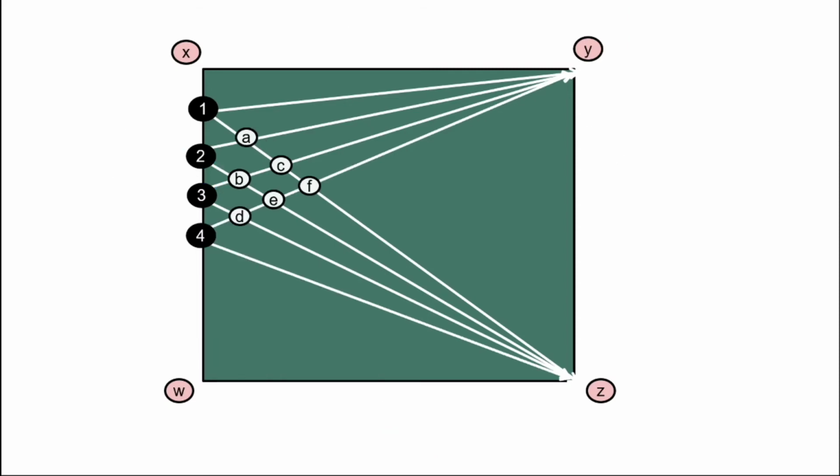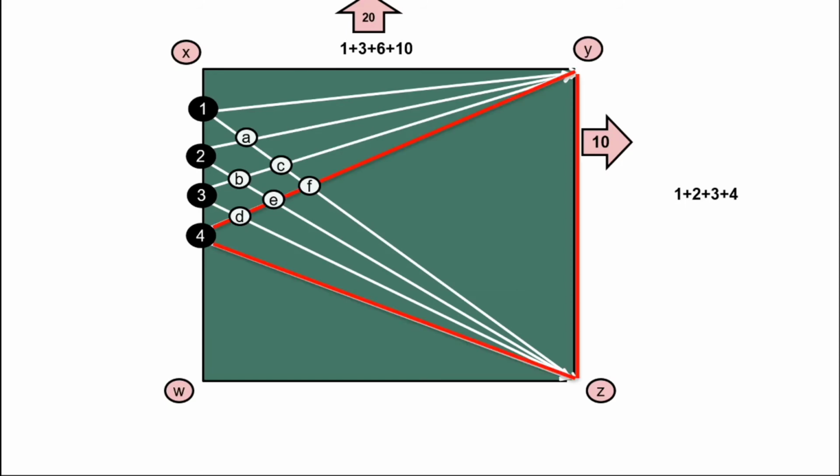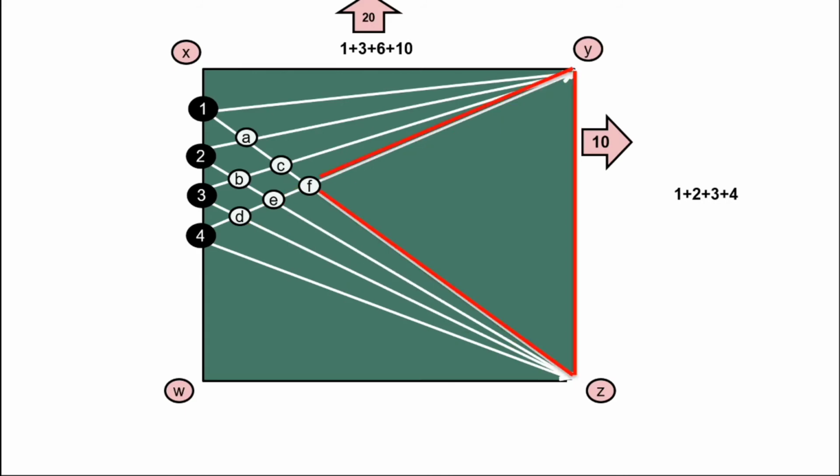On the fourth point, on the top, we have an additional 10 triangles, which are 4XY, 41Y, 42Y, 43Y, D3Y, EBY, E2Y, FCY, FAY, and F1Y. On the right side, we have an additional 4 triangles, which are 4YZ, DYZ, EYZ, and FYZ.